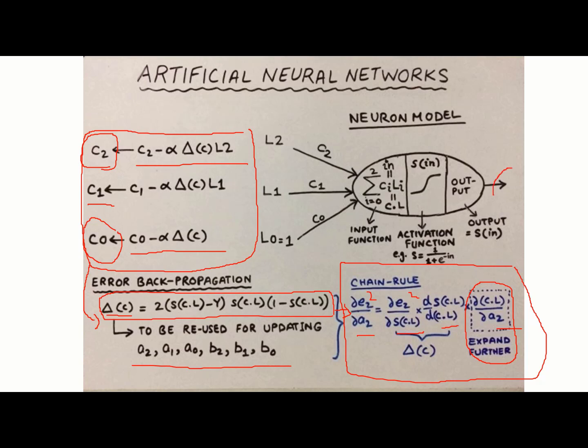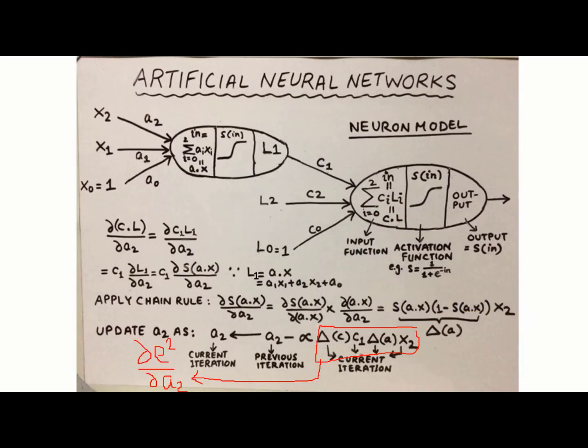This is the output of our artificial neural network, and we have subtracted this output from the data label, which was Y, and we are propagating this error backward to first calculate the C coefficients, and in the next step this error will be propagated further back to compute the remaining coefficients, A's and B's.